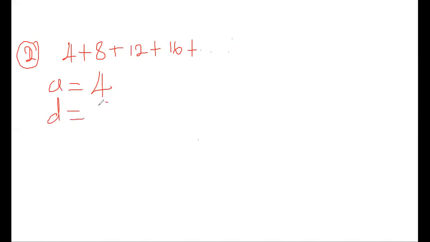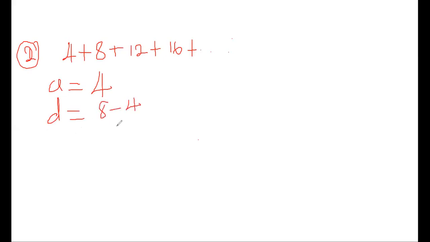So we are on 4 plus 8 plus 12 plus 16 plus some other continuing numbers. So we are saying our A is the first term, and that is 4. Then our D, which is the common difference, is 8 minus 4.